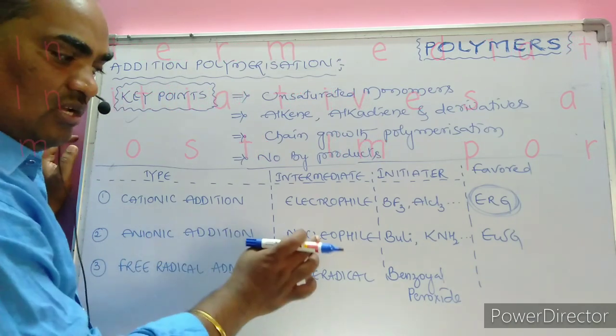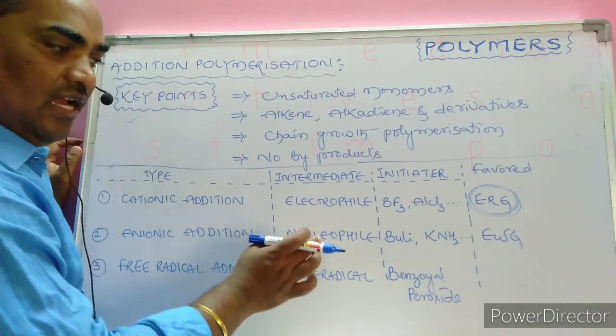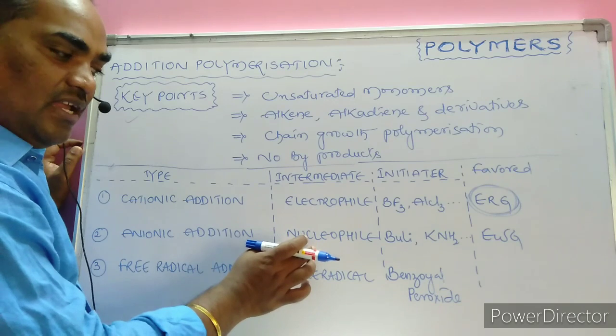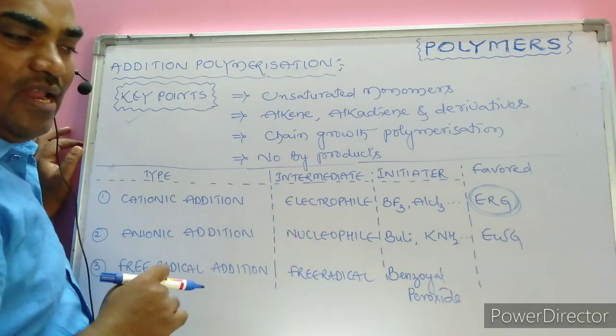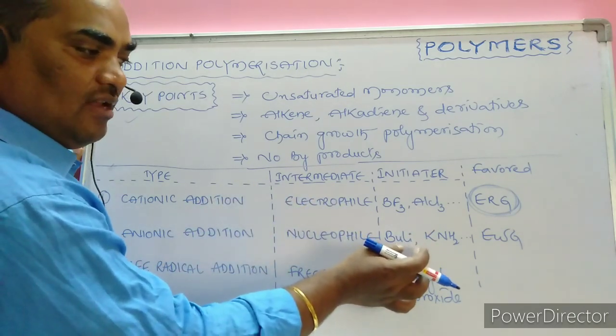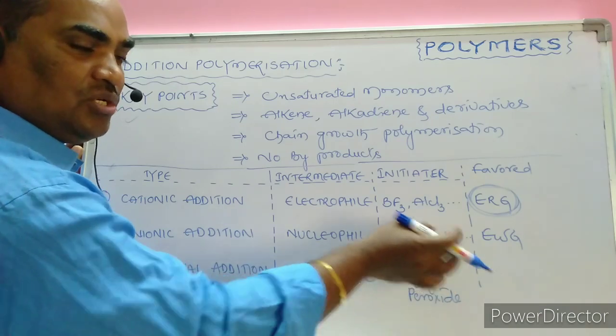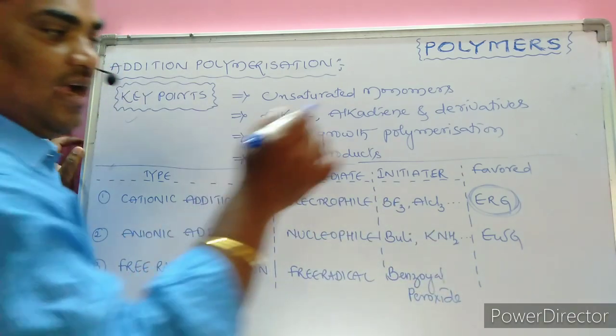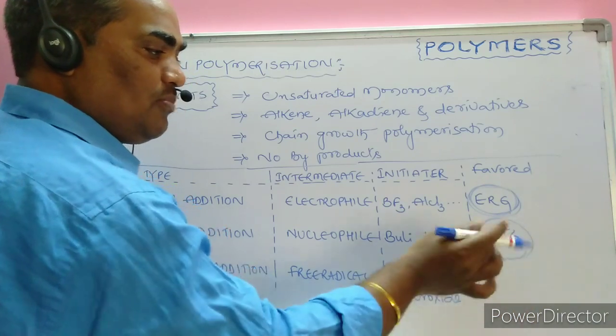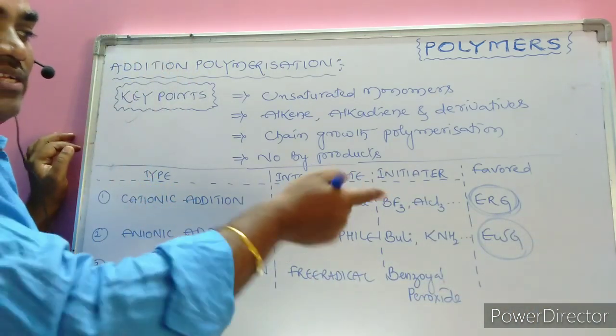In anionic addition, the intermediate is a nucleophile, a negatively charged one. If the carbon is negatively charged, we call it a carbanion. Initiators are butyl lithium, sodamide, potassium amide, etc. And here is also a very important point: an electron withdrawing group. For example, styrene.